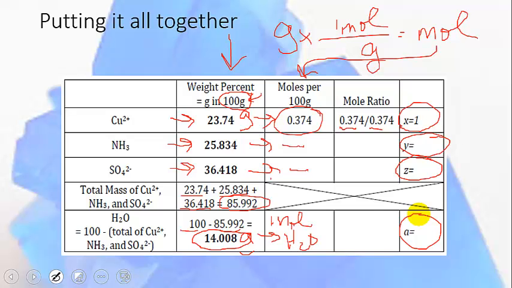So this is your moles of copper. That's your subscript for copper. If they're not whole numbers, you will have to do something to get them to be whole numbers. So, for example, if y turns out to be 1 and z turns out to be 1.5 and a turned out to be 2, we have to turn this decimal into a whole number.